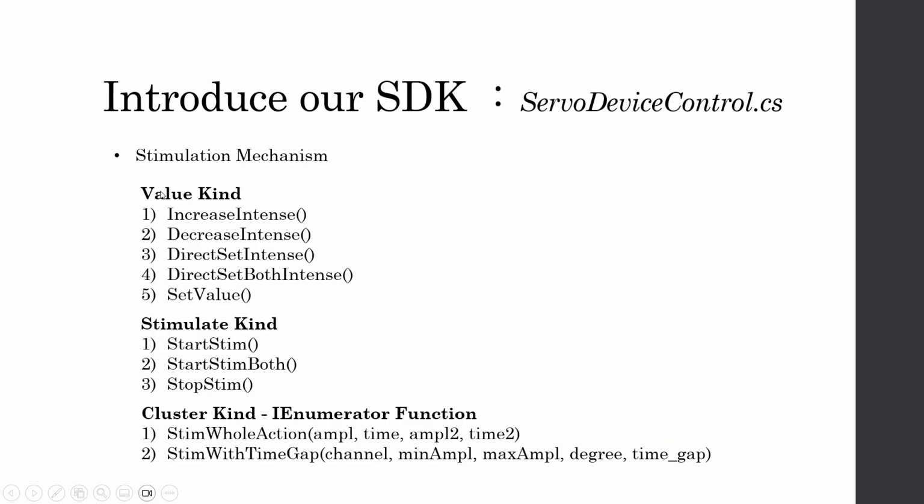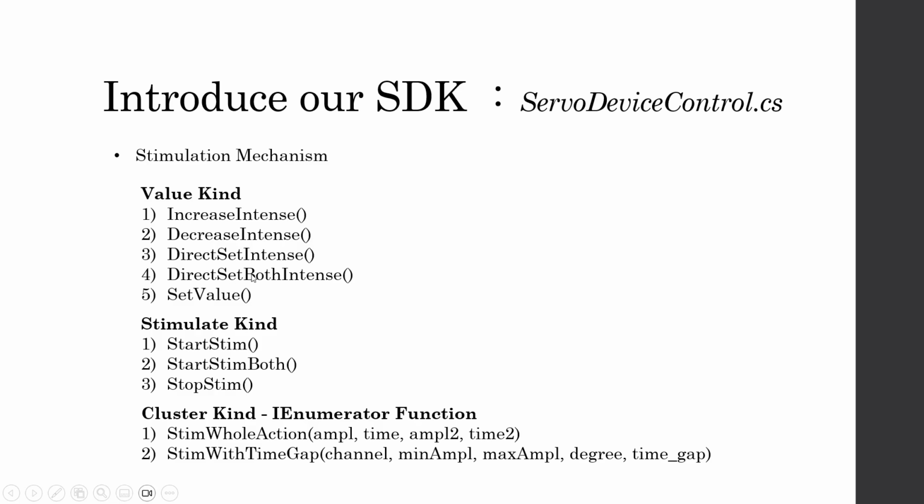First, we built a lot of functions for you to create your own stimulations, of about three kinds: value kind, stimulation kind, and cluster kind. The value kind is very simple: you can just call increase instance, decrease instance, and direct set instance, or set both to set your amplitude for the stimulations.